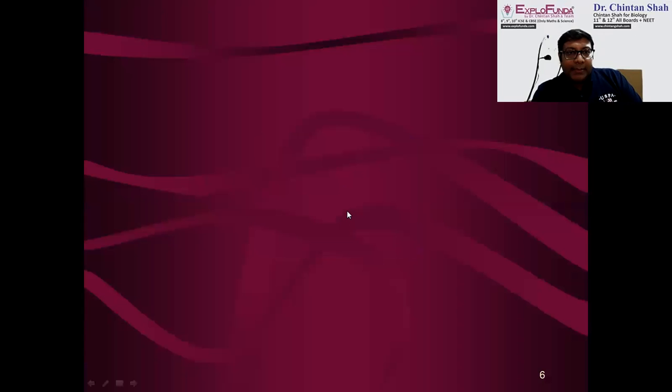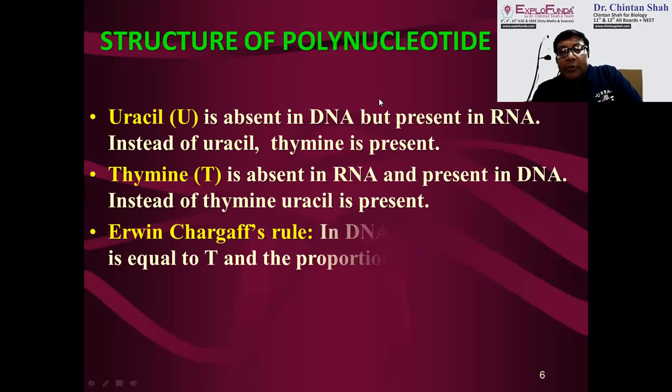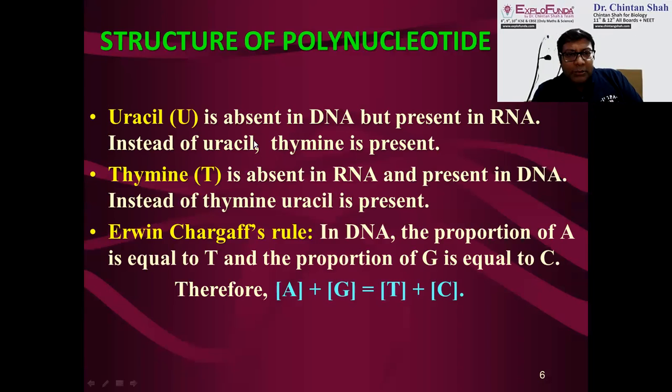The next is about the structure of the polynucleotide chain, uracil. So we have to study the nitrogen base. Uracil is absent in DNA, but it is present in RNA. And I have given you a memory technique also to keep this in your mind. If you are writing U, then after U, there will be an R only.